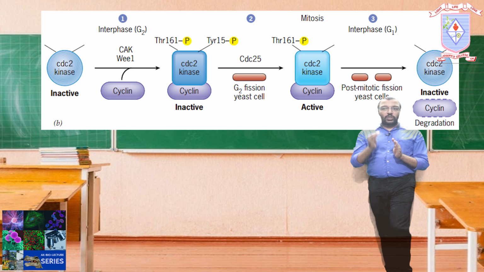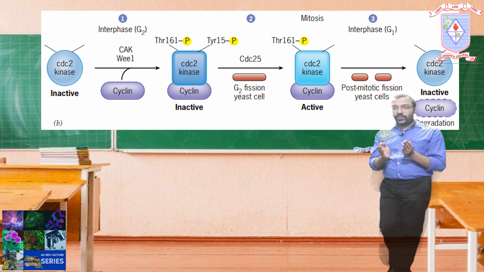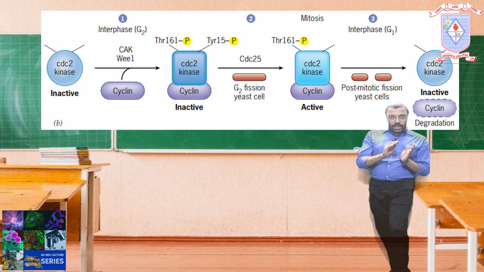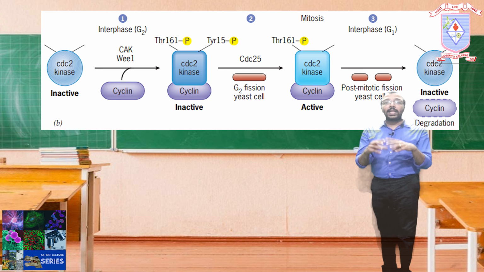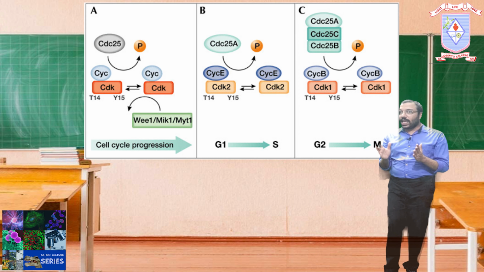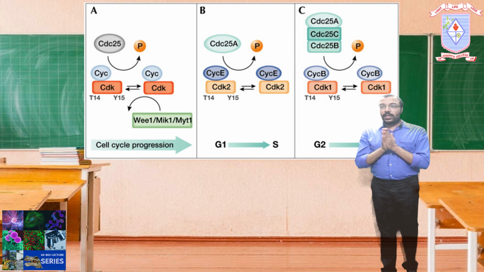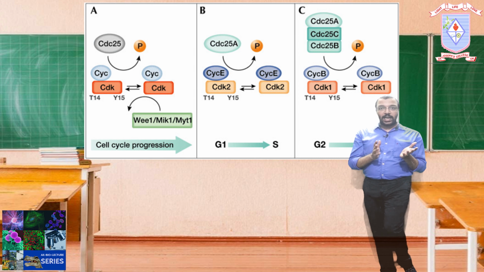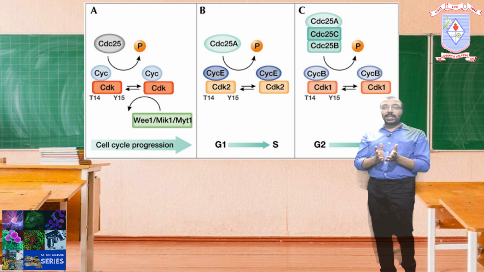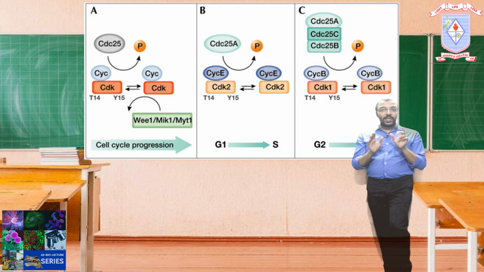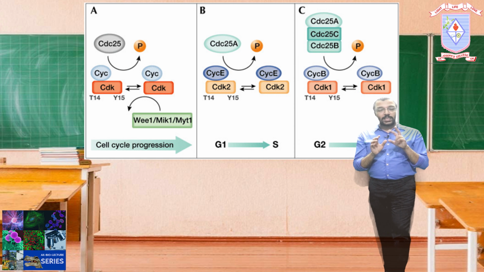At the end of G2, the inhibitory phosphates at tyrosine 14 and 15 are removed by another enzyme, a phosphatase named cell division cycle 25, short form CDC25.